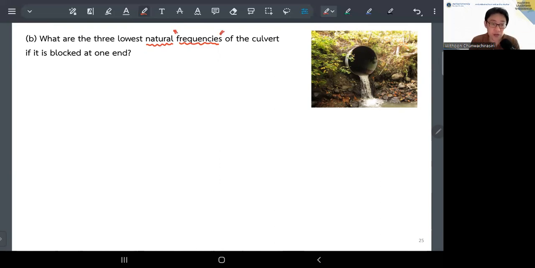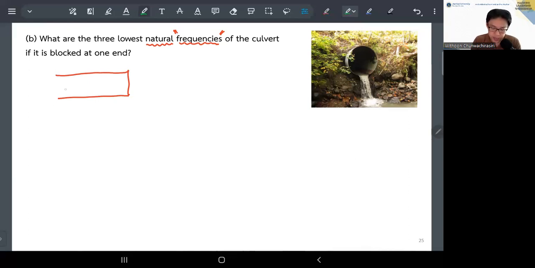Find the three lowest frequencies of the tube if it is blocked at one end. So let's say one end of this tube is being blocked. That means you can consider this one as a one open and one closed tube. Now what we are trying to do is subject this tube to the conditions.